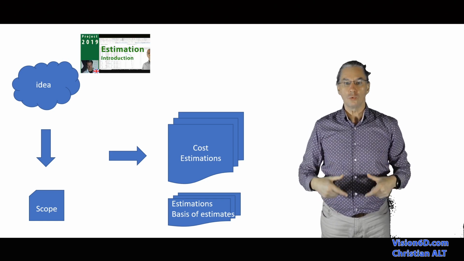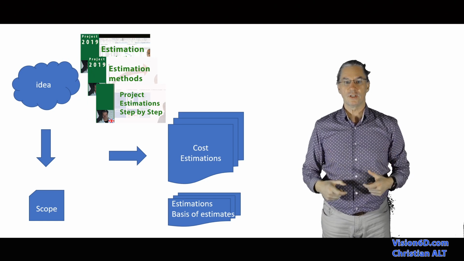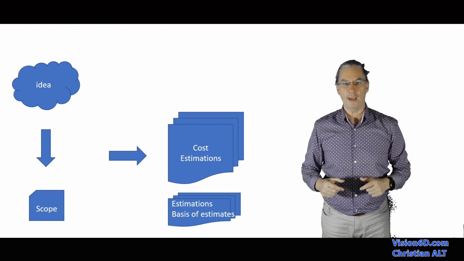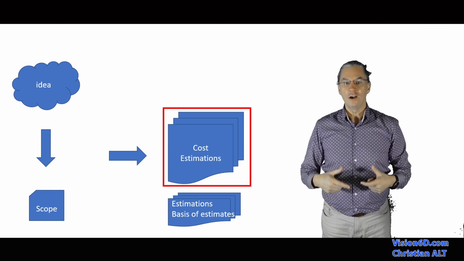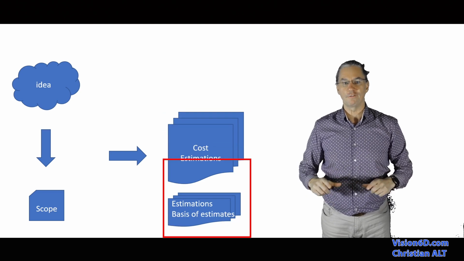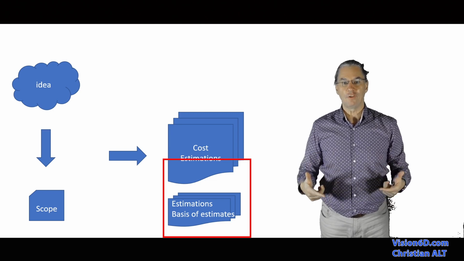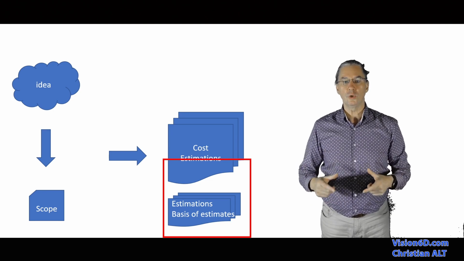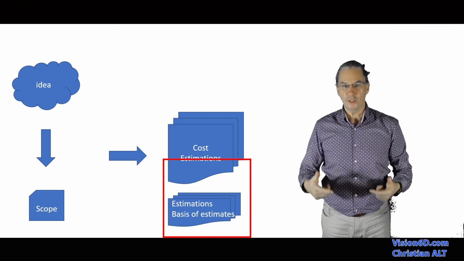Once we know this, we are going to start to cost estimate those developments, those creations. For this, we do the cost estimation, based on what is called the basis of estimation. The basis of estimation is a file or a folder in which we will have all the estimations we did.